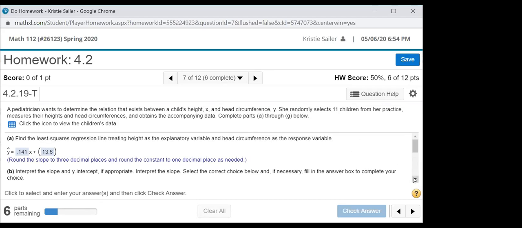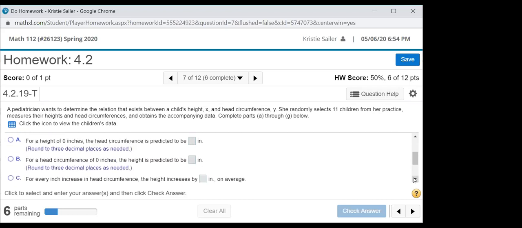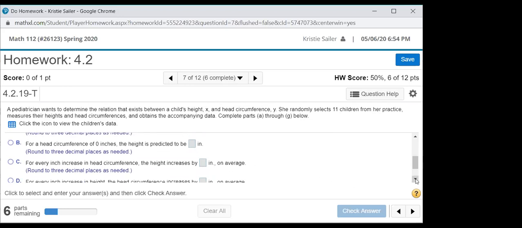So if X were 0, what would Y be? Well, if X were 0, that whole term drops out, so you end up with whatever the B is, which is 13 point something. Now you have to go to your B on your calculator and round it to 3 decimal places.